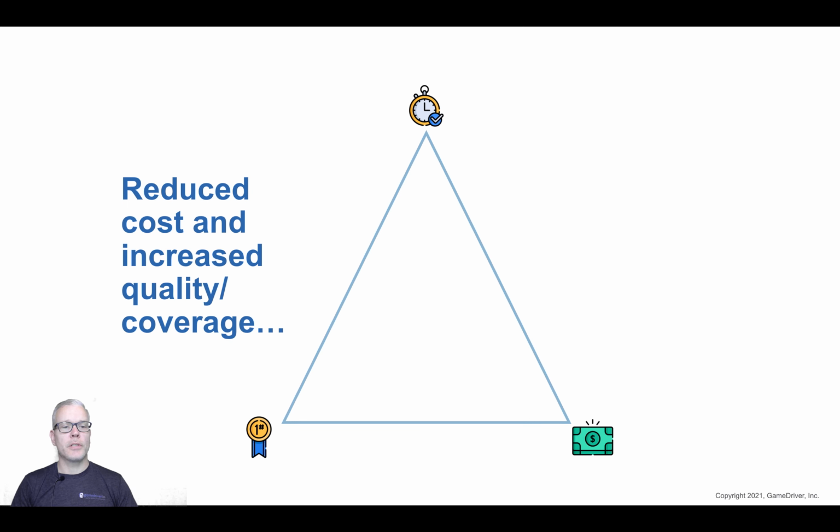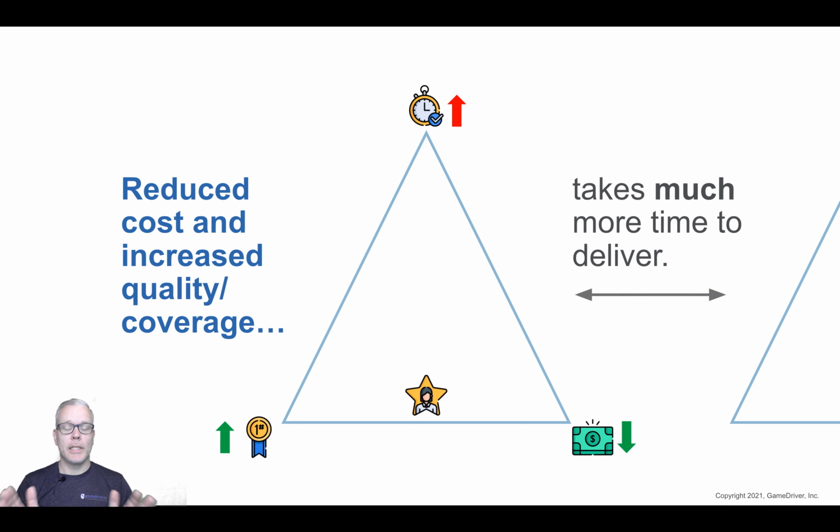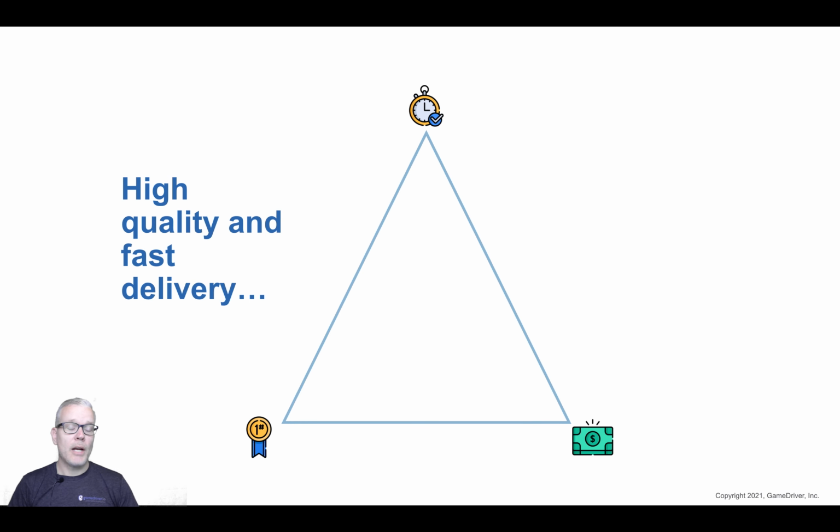If we choose a reduced cost and increased quality and coverage, right? Looking at the bottom two, this tends to be a much lengthier process. Let's say we have a team of 10 testers, and they're going to iterate over the application or game over and over until everything is done. This can take a very long time, and it can be very expensive. High quality and fast delivery.